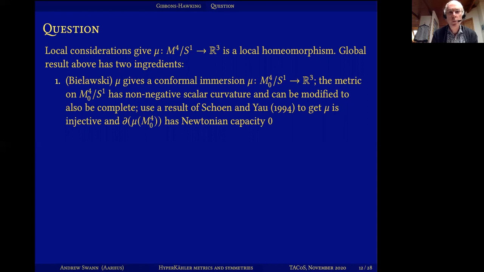It's a purely Riemannian result of Schoen and Yau about conformally flat metrics with non-negative scalar curvature. So you get that mu is injective, so it maps into an open set in R3, and you can actually control the size of the boundary. The technical statement is it has Newtonian capacity 0. That means bounded harmonic functions extend across the boundary.